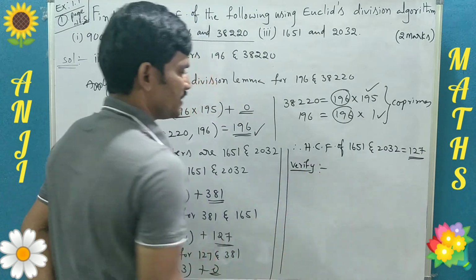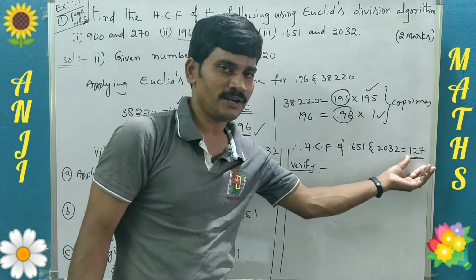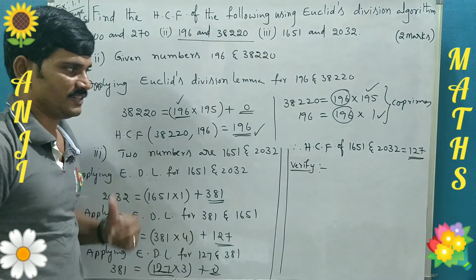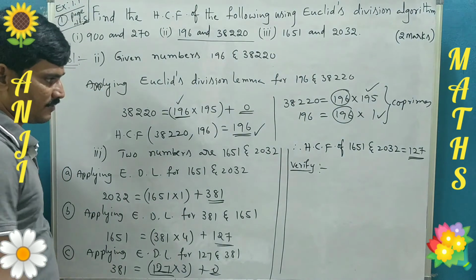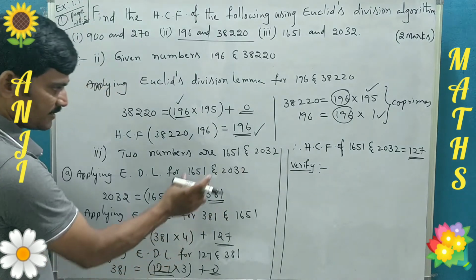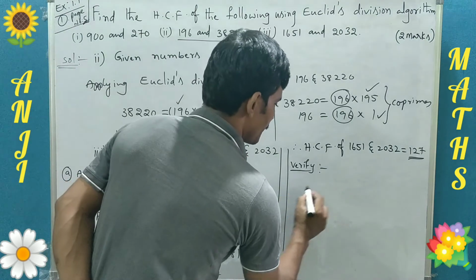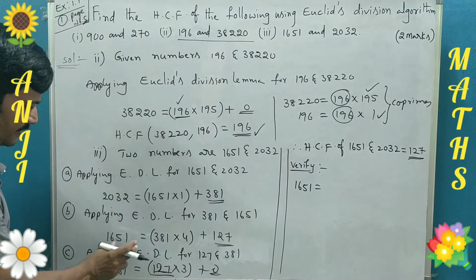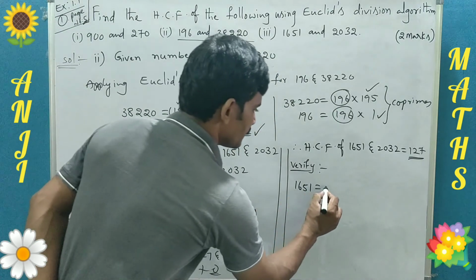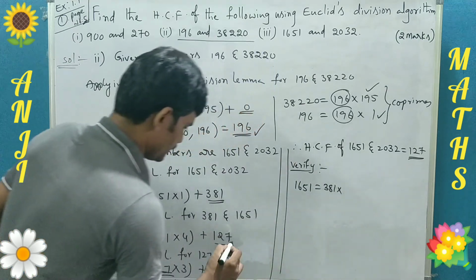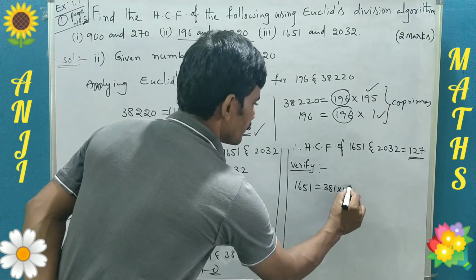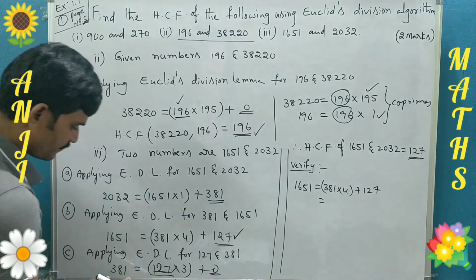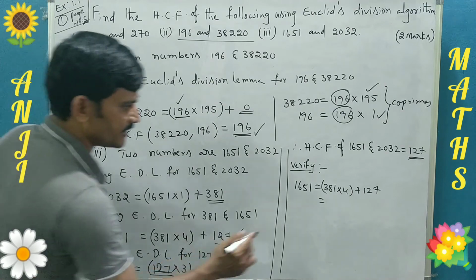Write all the numbers as multiples of 127. The second factors should be co-primes to each other. Let me write the first one, 1651. 1651 can be written as 381 times 4, and see the second step, plus 127. 381 means 127 times 3.